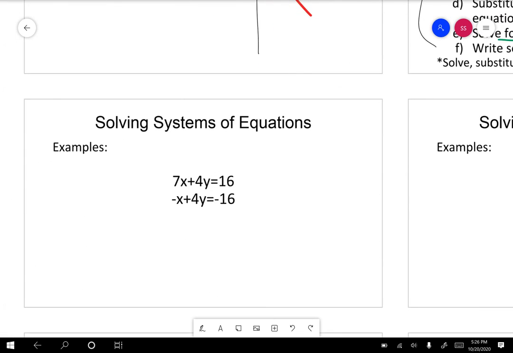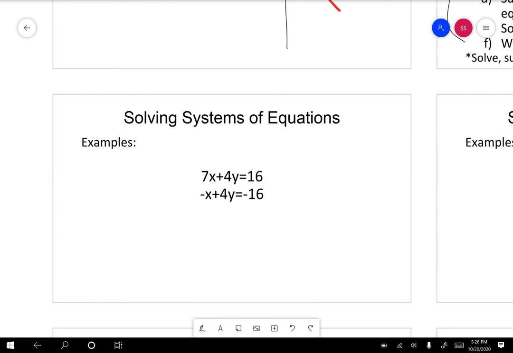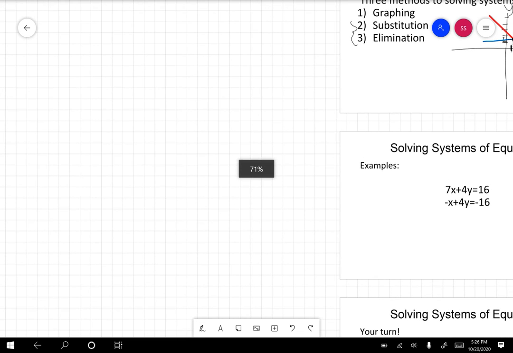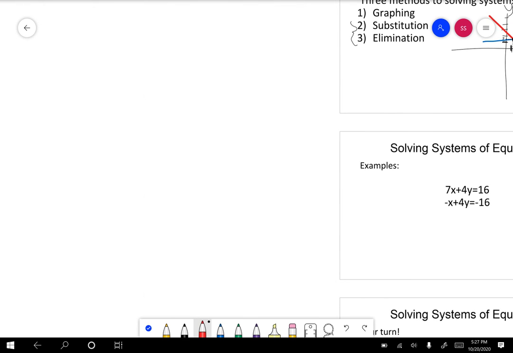Let's see here. We're going to do some examples. All right, our first example, I'm actually going to rewrite it over here just so I have more space.